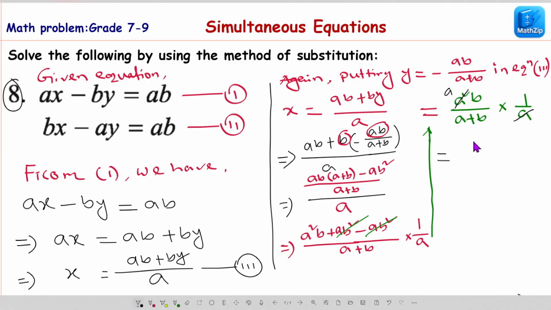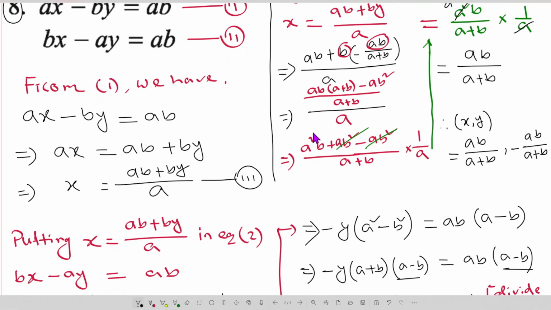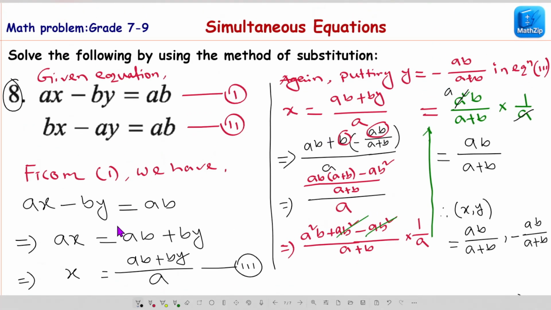So our answer is x equals ab divided by (a plus b), and y equals minus ab divided by (a plus b). Okay, so it's not so hard. Number 7 and number 8 are almost similar. So number 8 done. Now we will start number 9.